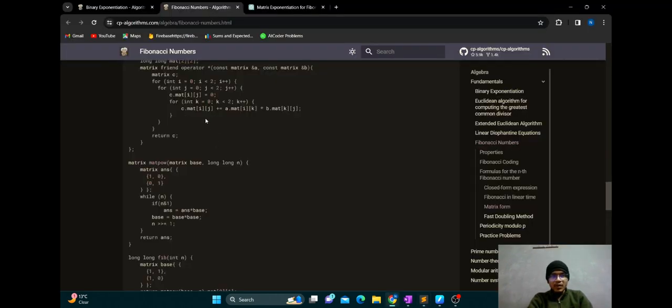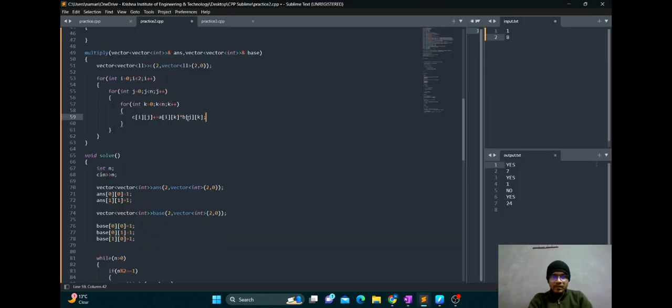You can see here C of ij equal to A of ik into B of kj, because we have to multiply the row with the entire column.